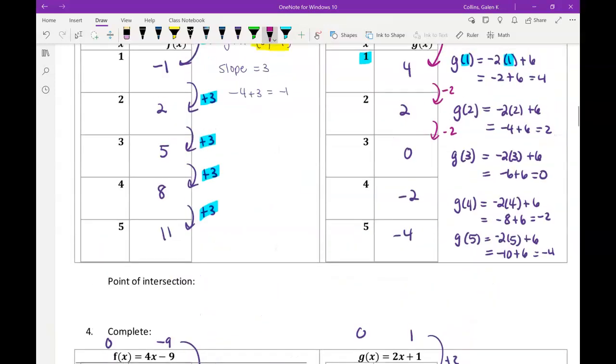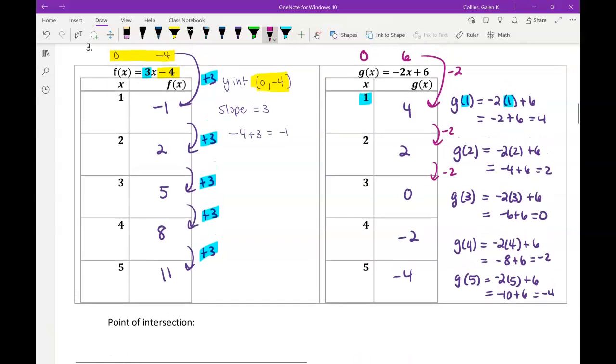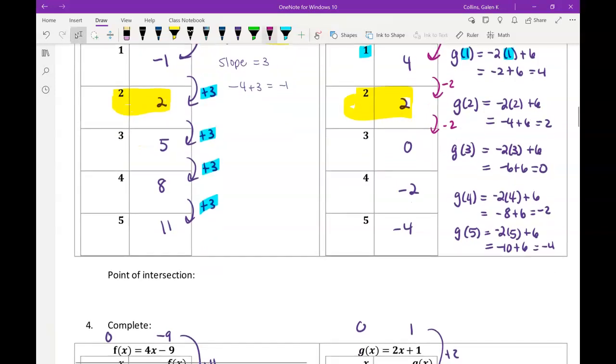Oh, I'm sorry. When we're looking for our point of intersection, I didn't answer that question yet. I'm looking again in my table for where I have 2 ordered pairs that are the same, and it just so happens that it is (2, 2). So if we were to graph these functions, they would both be lines, and they would intersect at the point (2, 2).